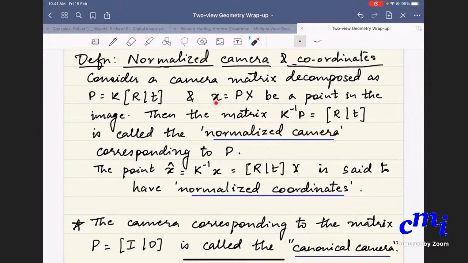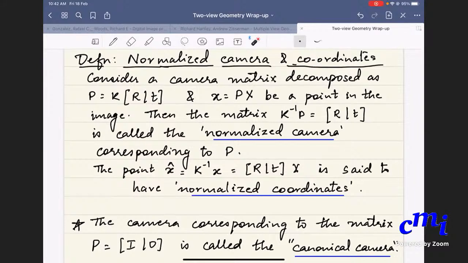Now if you look at K inverse X, so X hat equal to K inverse X, which means this RT applied to X, that point is said to have normalized coordinates. So we will look at X in the normalized coordinates, which means we will be looking at the corresponding X hat. That is what normalized camera and normalized coordinates mean.